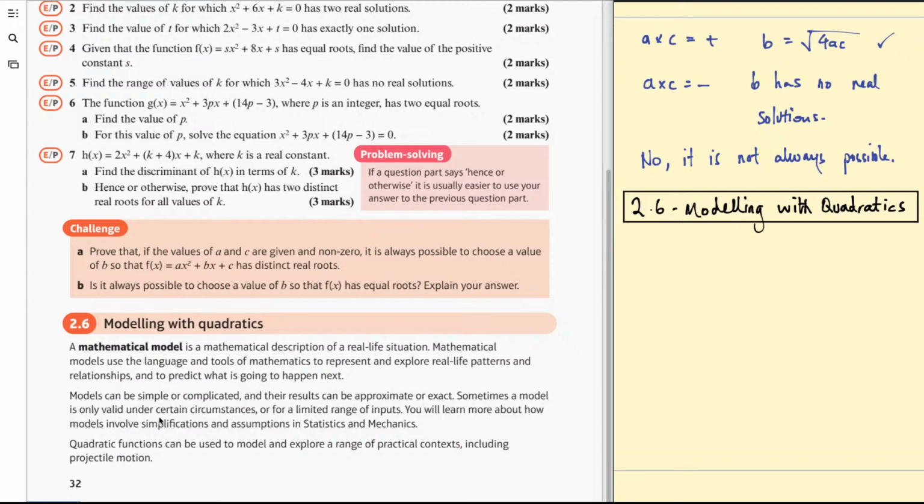Sometimes a model is only valid under certain circumstances or for a limited range of inputs. You will learn more about how models involve simplifications and assumptions in statistics and mechanics. So you may have already seen some modeling in physics, for example. Quadratic functions can be used to model and explore a range of practical contexts, including projectile motion.